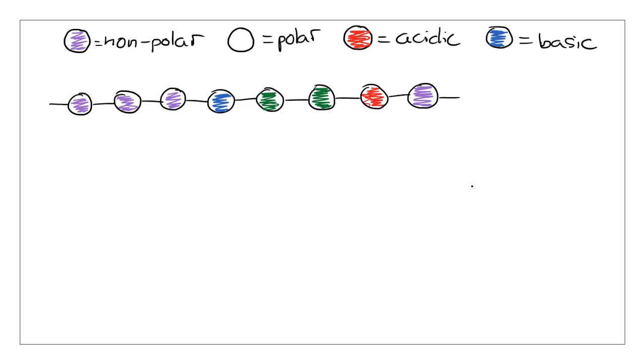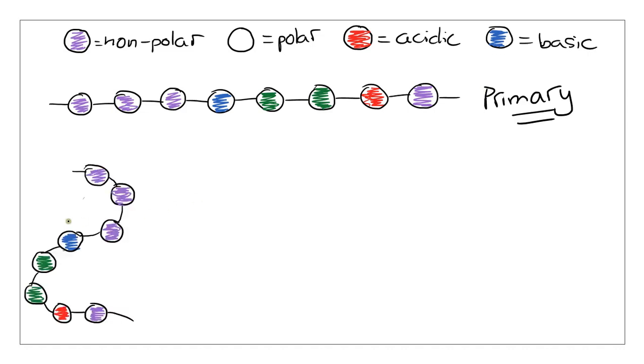So I did this drawing. Normally, if we're in class, we would do an activity. But let's say this is the primary structure of the protein. You have this linear chain, and remember that the primary structure of a protein contains the type, the order, and the number of amino acids.